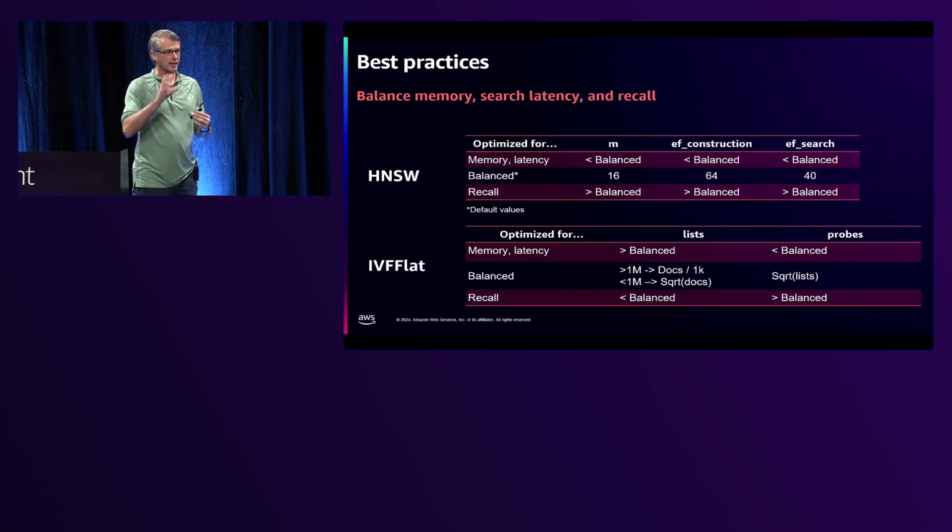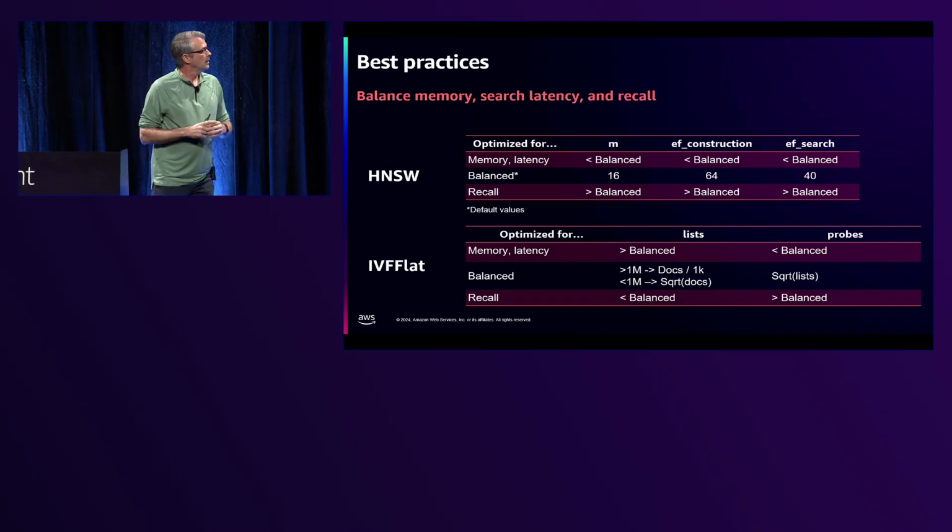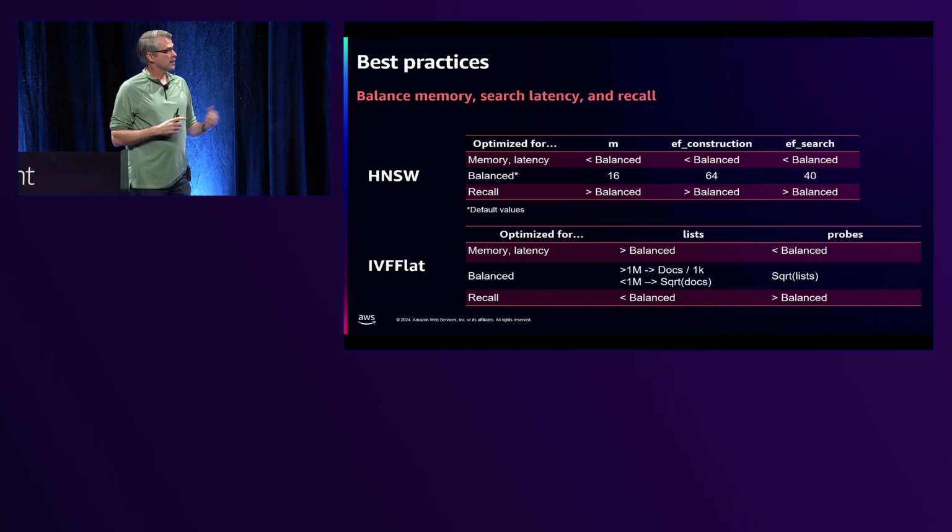Basically, how many groups, like in that slide that Cody had with 5 or 6 different lists with the documents, that's what this lists value is. If you have more than 1 million, the number of docs divided by 1K. So a little bit different math depending on how many documents you have, but that's a good starting point for lists value when creating an IVF flat index.